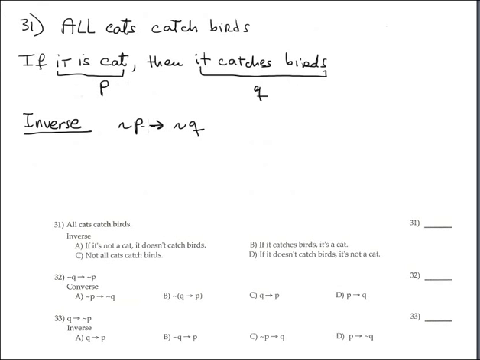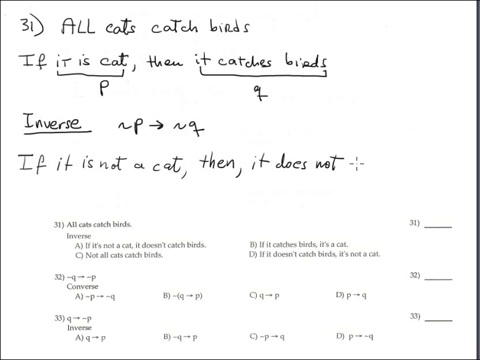And now negation P is: if it is not a cat, comma, then it does not catch bear.